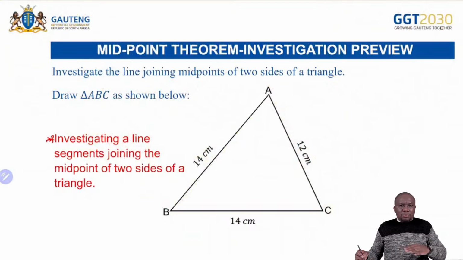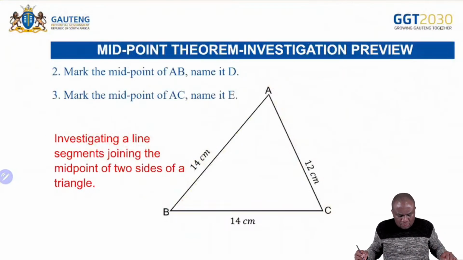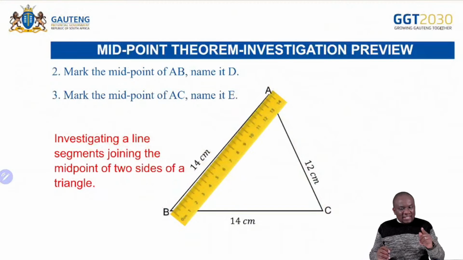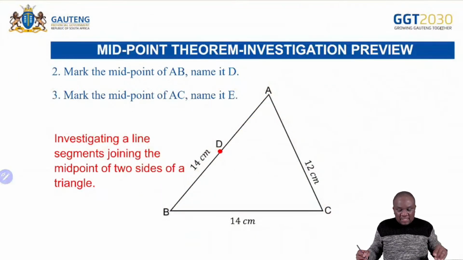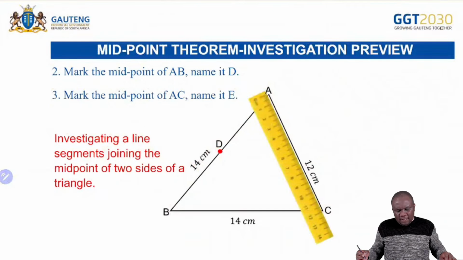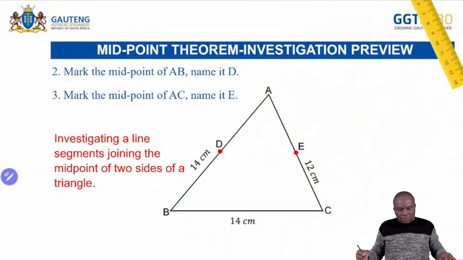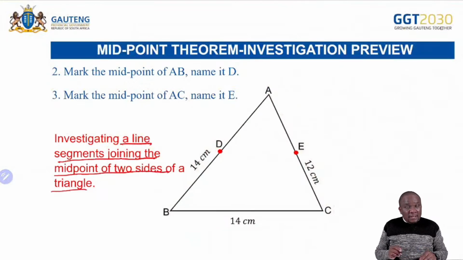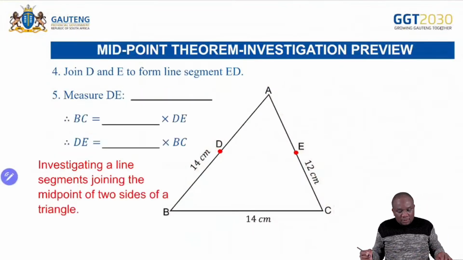Right. So after doing all those measurements, we're going to mark the midpoints of two sides, AB and AC. We mark the midpoint of AB and name it D, and then we mark the midpoint of AC and name it E. Remember, we're investigating a line segment joining the midpoints of two sides. Then we're going to draw the line DE.